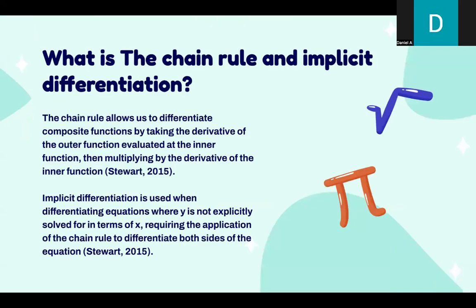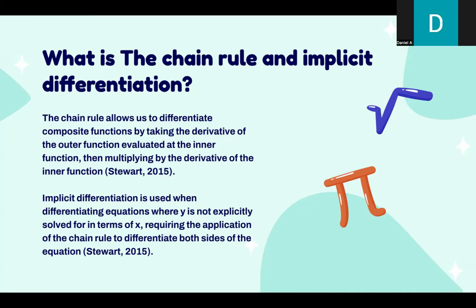So, what is the chain rule and implicit differentiation? The chain rule, according to Stewart from 2015, allows us to differentiate composite functions by taking the derivative of the outer function, evaluated at the inner function, then multiplied by the derivative of the inner function.